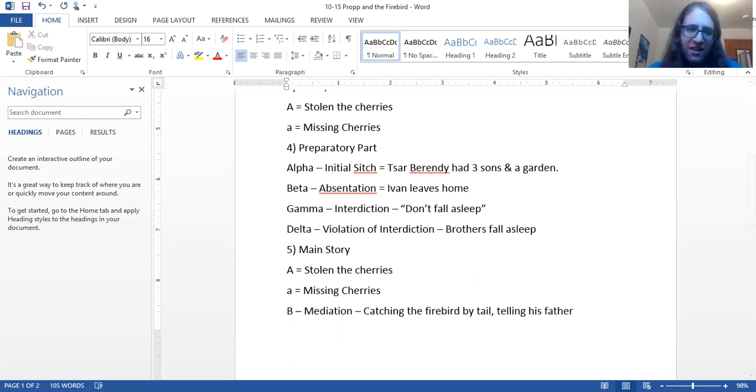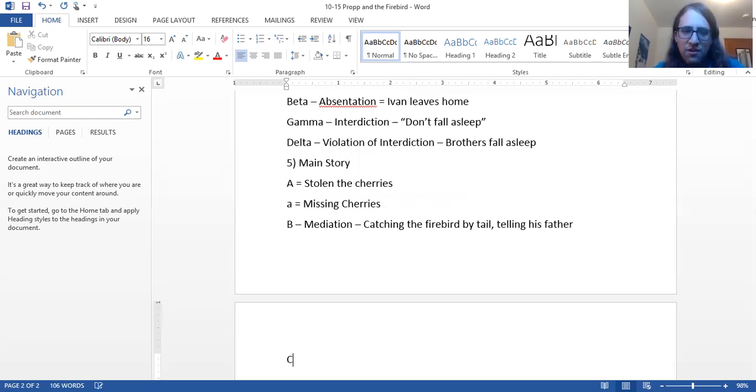Those are the kind of things that lead us from the problem to taking action. The feather in particular seems very useful, because taking a feather from the tail allows him to show his father evidence of who the thief is. So that does seem to be the sort of thing that Propp is talking about here.